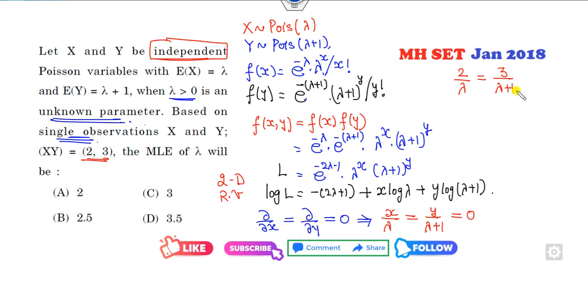Since this can never be 0 because lambda is finite, I can check the options. Let's say lambda is 1: 2 over 1 is 2 and 3 over 2 is 1.5, and that works. Is 3 satisfied? 2 over 3 and 3 over 4, which is not satisfied. 2 over 2.5 and 3 over 3.5 is not satisfied. Similarly 3.5 is not satisfied. The right answer is only A.